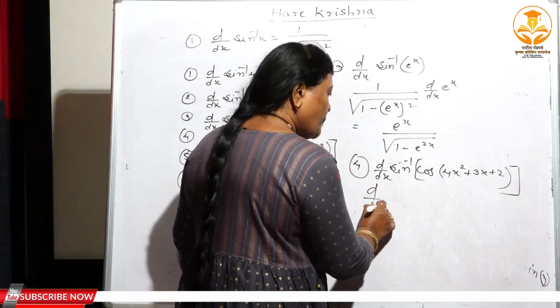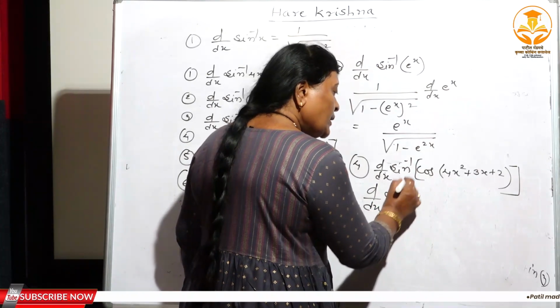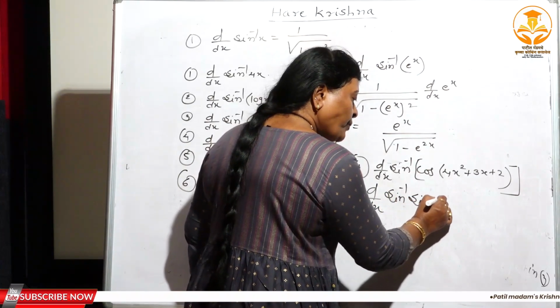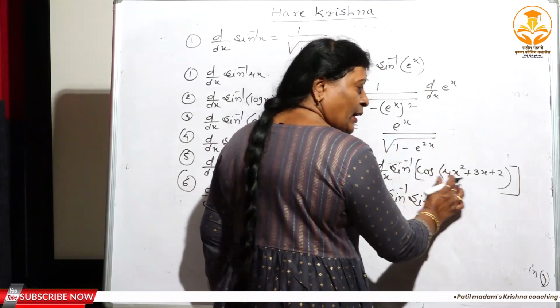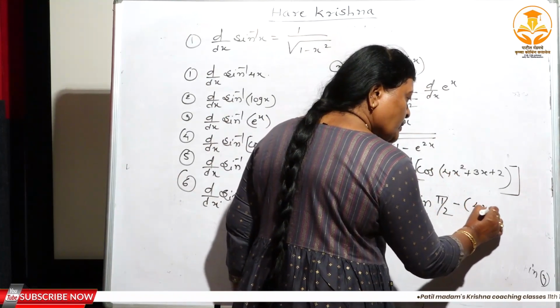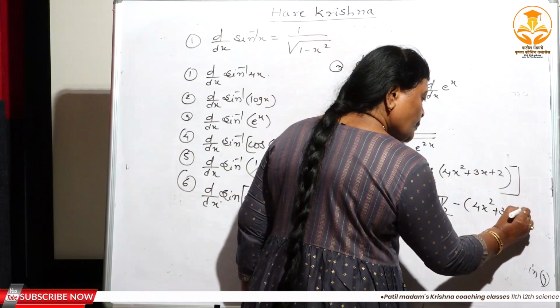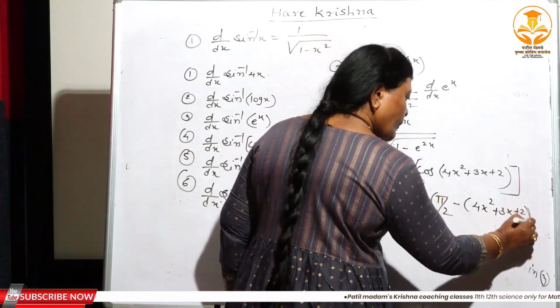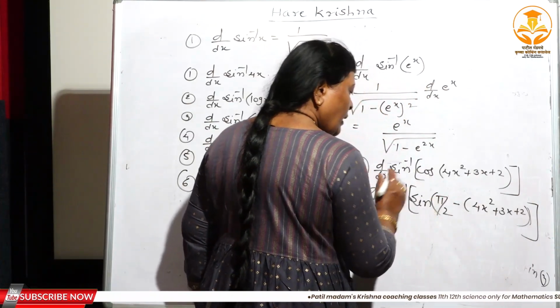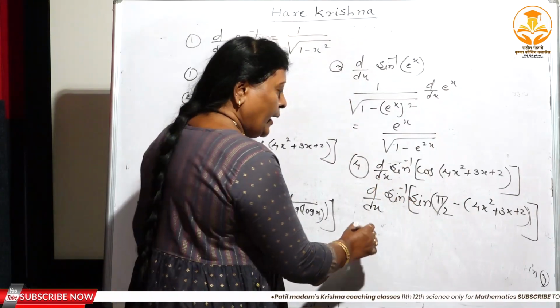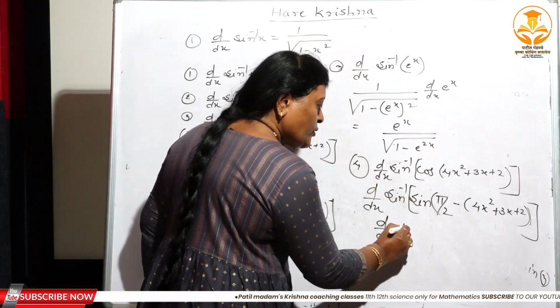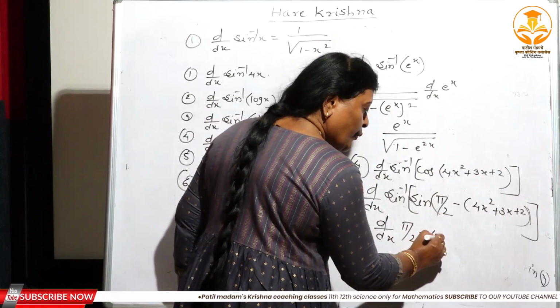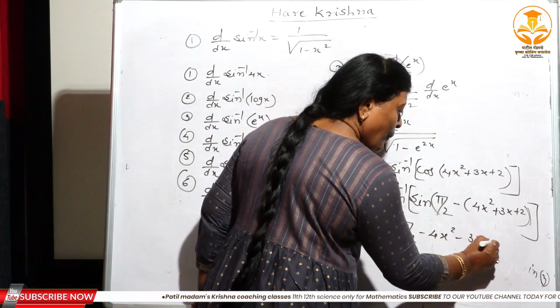See here, very simple. Sin inverse, this you can write as sine of pi by 2 minus theta, means this theta, that is 4x square plus 3x plus 2. Right? Now in general practice, sin inverse sin gets cancelled and what remains here is d/dx of pi by 2 minus 4x square minus 3x minus 2.